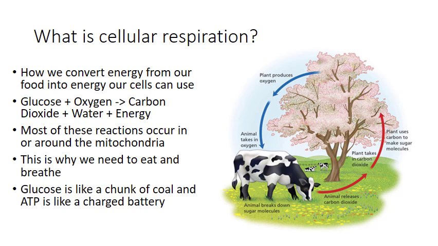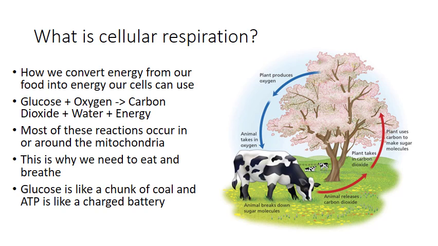So one way to think about it is we're going to be using ATP as a molecule a lot. So glucose is like a big chunk of coal, like a big bulky energy storage molecule. And we want to break it down into smaller, more useful, portable things like ATP, which are kind of like charged batteries.